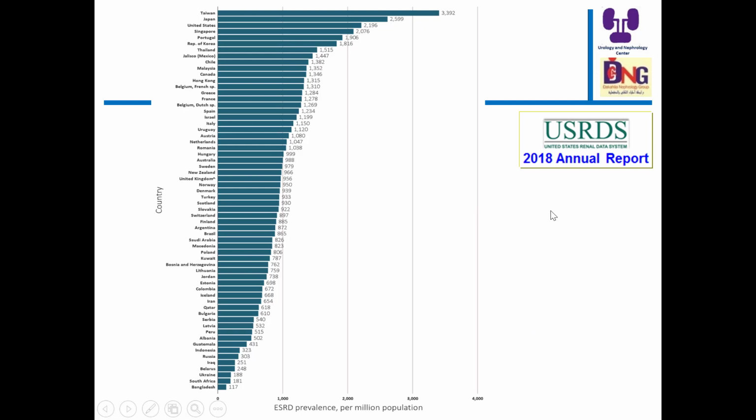Regarding the prevalence, the current United States Renal Data System shows some comparative epidemiology data about end-stage prevalence in different countries.